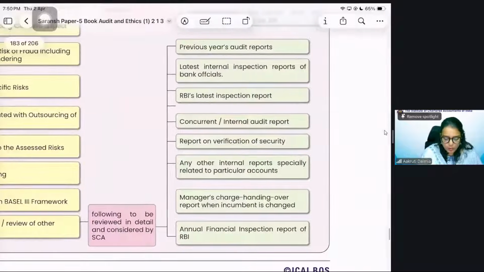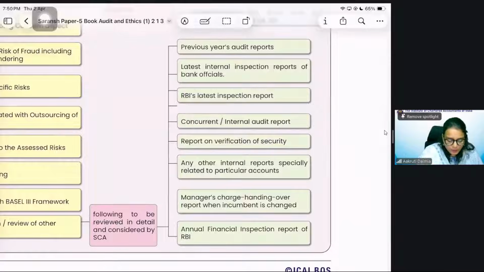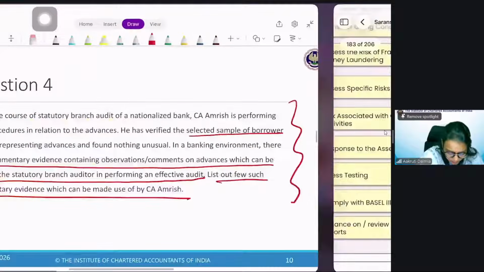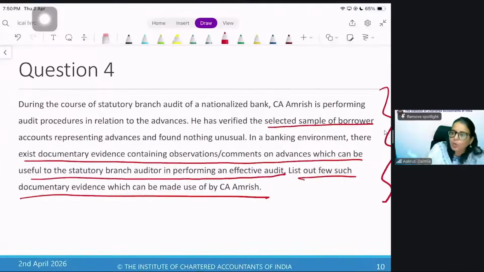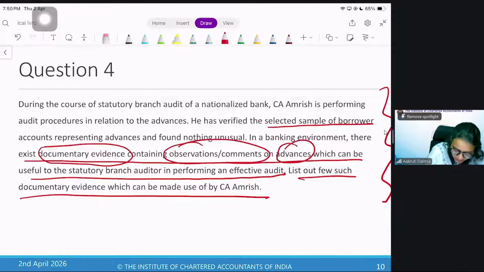Previous year audit report, latest inspection. And if you see the question, they are very carefully avoiding the word report. They are saying, in a banking environment, there can exist other documentary evidence containing observations and comments on advances, which can be useful to the statutory auditor. List out such documentary evidence. See, so carefully.